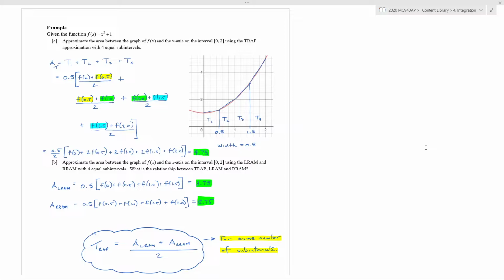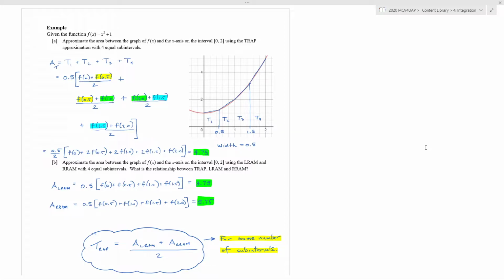For LRAM, the heights would be f at 0, f at 0.5, f at 1.0, and f at 1.5. Okay, when you plug those values into the function and do the math, you get 3.75.